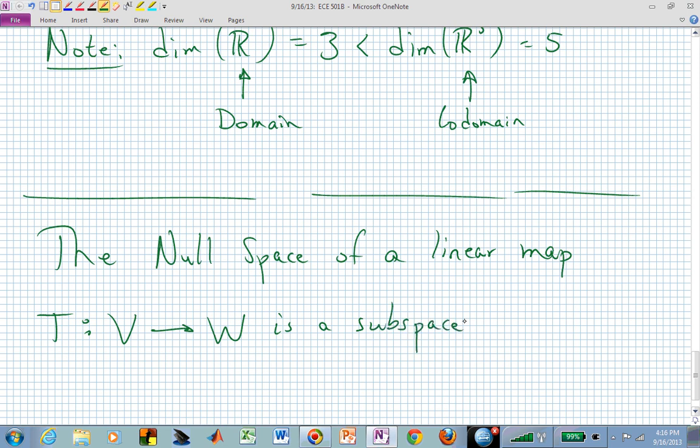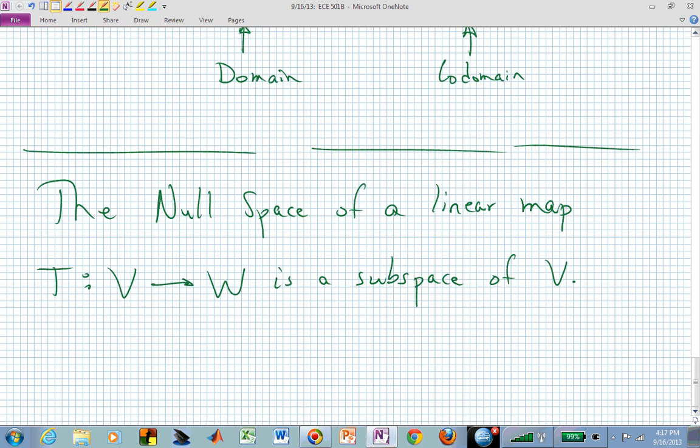And where is it a subspace of? It's of the domain, isn't it? It's a subspace within the domain, V, vector space.